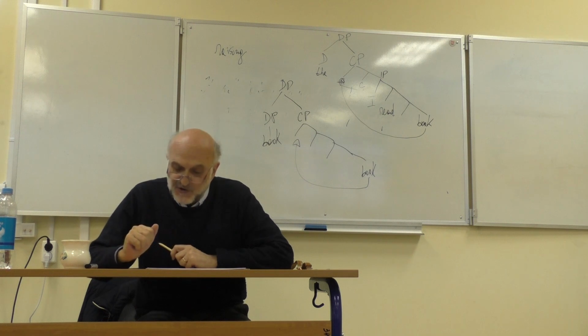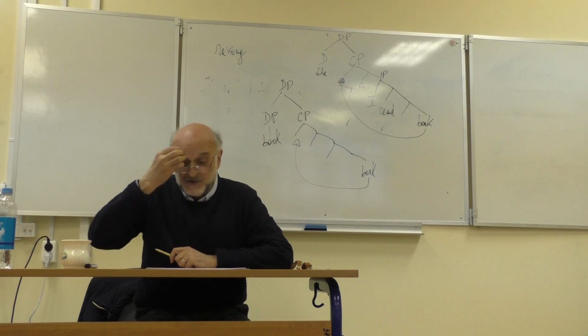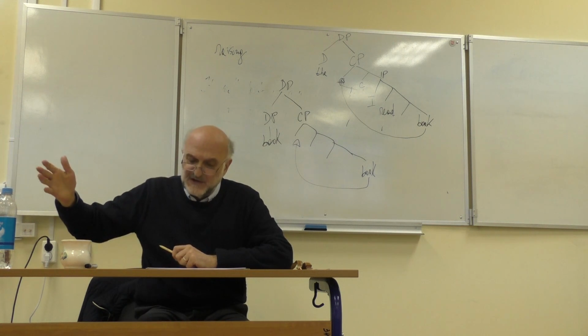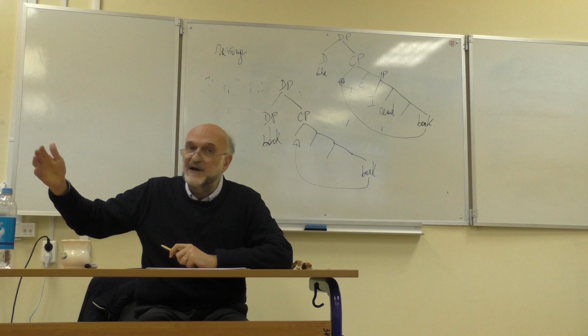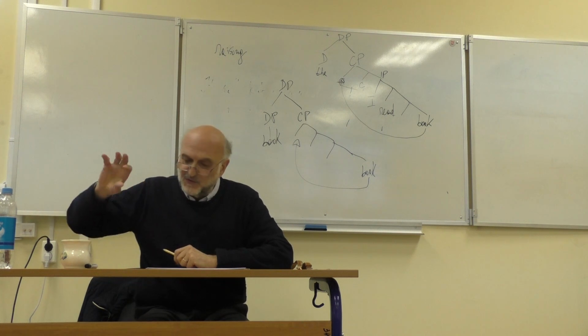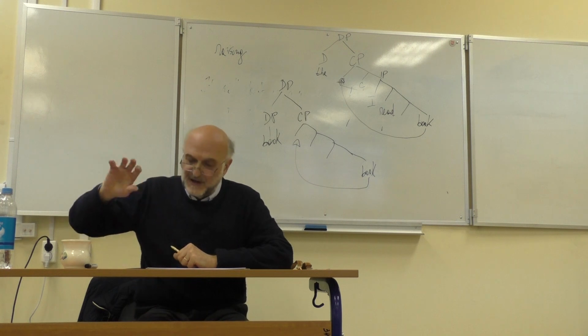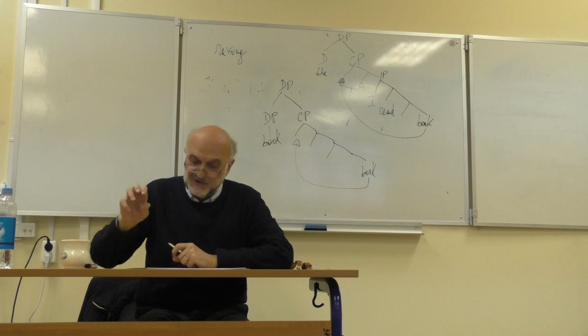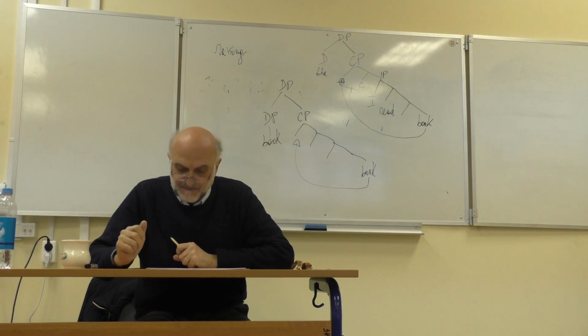The relativization of a predicate also, so for example, the gifted mathematician that Bill was is very rare nowadays. When you relativize on a predicate, it seems that you have to move the head from the position of the predicate.